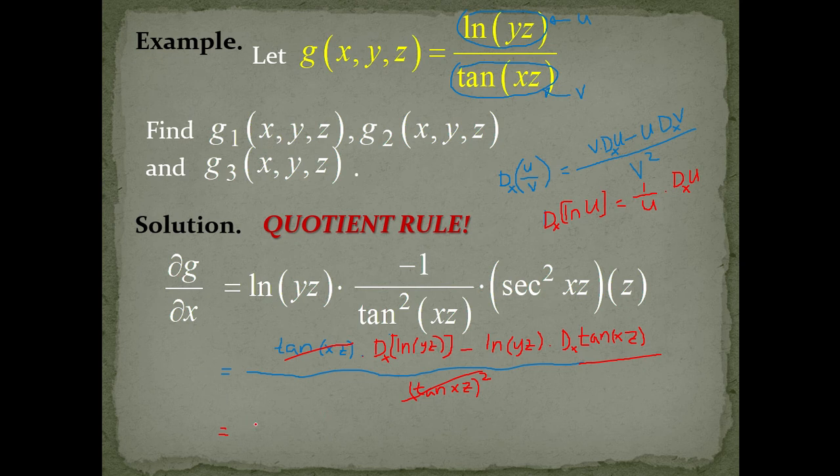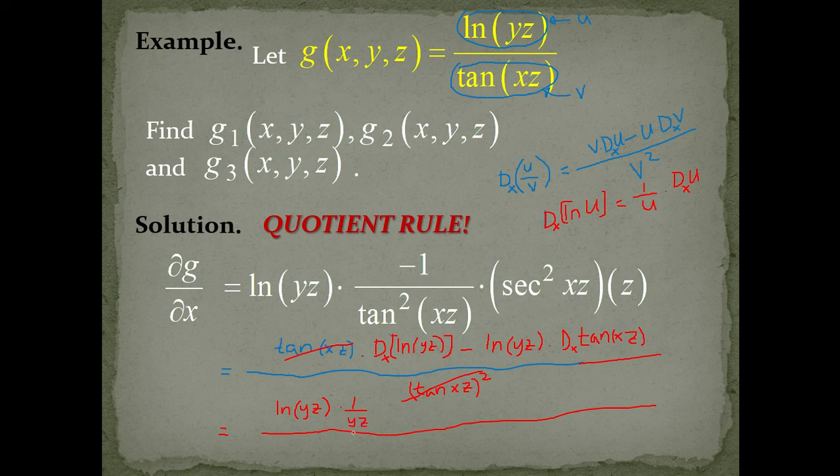So this is 1 over y times z, times the derivative of u.